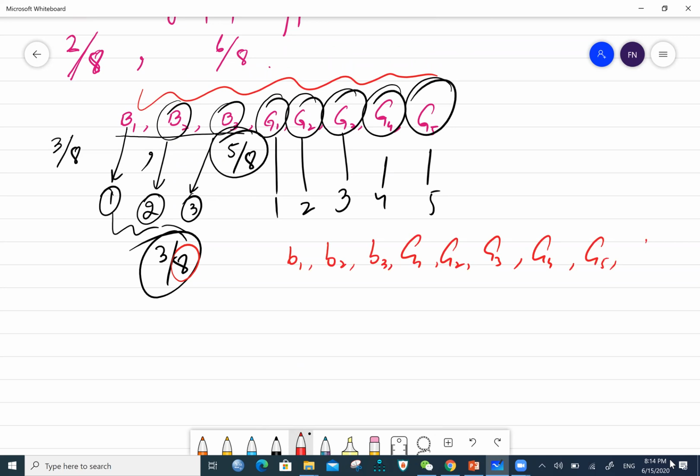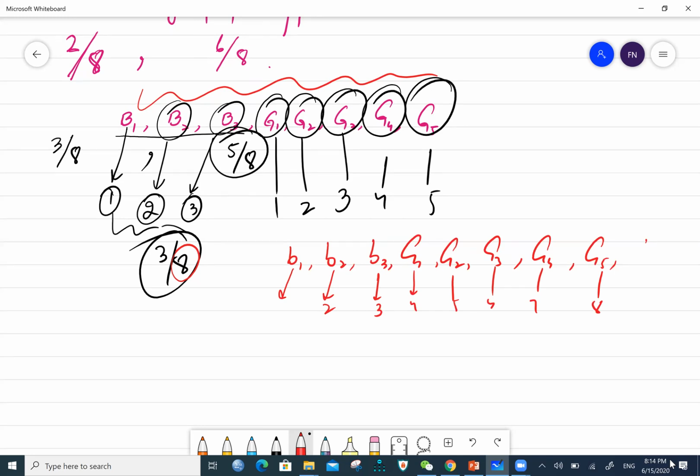Either I can select the first student, the second, the third, fourth, fifth, sixth, seventh, or eighth. So there are a total of 8 options. That is why it is divided by the total number of options.